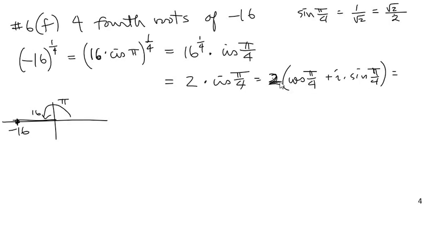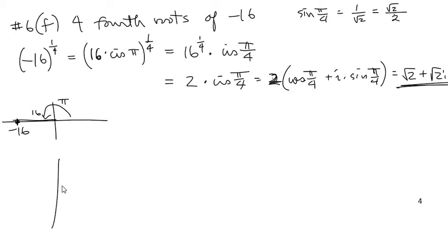So this is 2 times √2 over 2, which is just √2. And sine of pi over 4 is, of course, the same as the cosine of pi over 4. So 2 times √2 over 2 is √2. So there's one of the 4th roots of -16. √2 plus √2 times I.